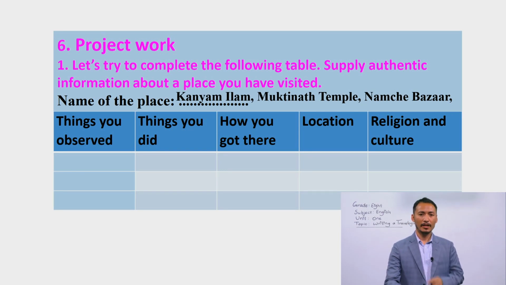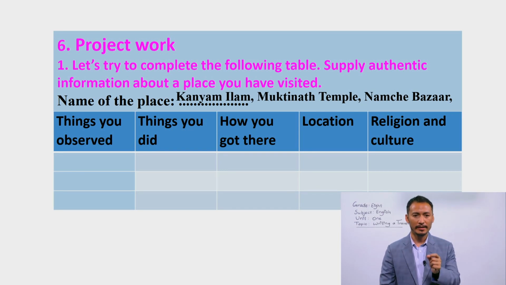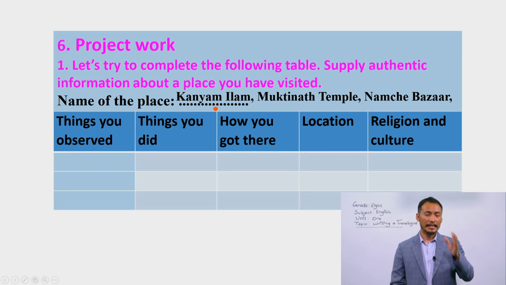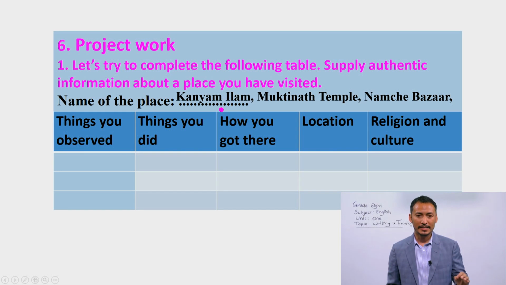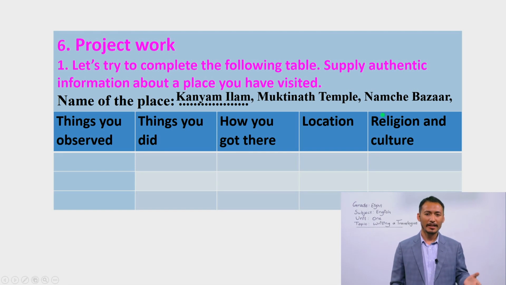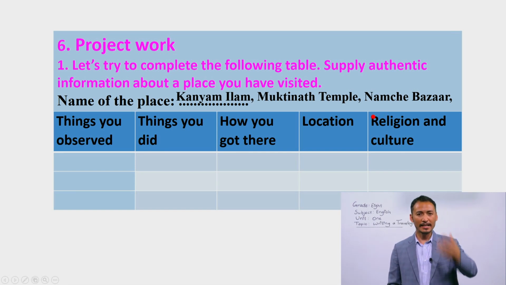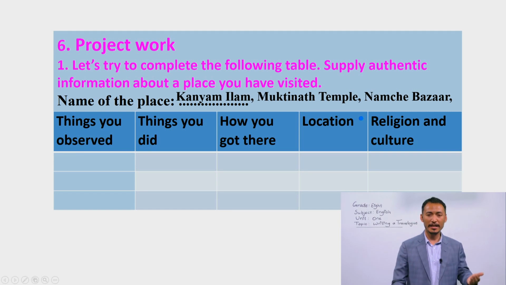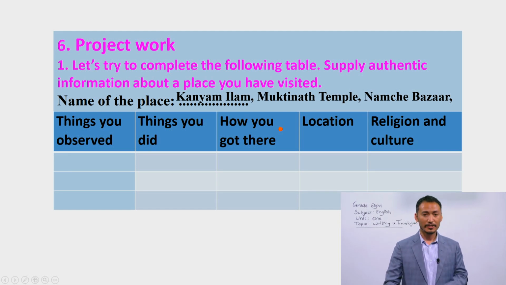Look at the words here. The name of the place can be any of these places, like Ilam, Kanyam Ilam, Muktinath Temple, Namche Bazaar, and so on. I'll ask you later if you have other names. These are some examples.